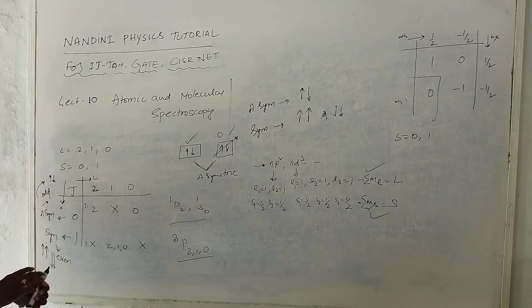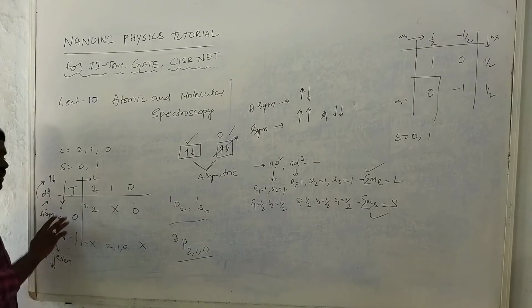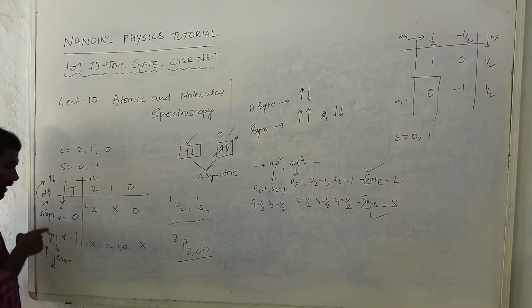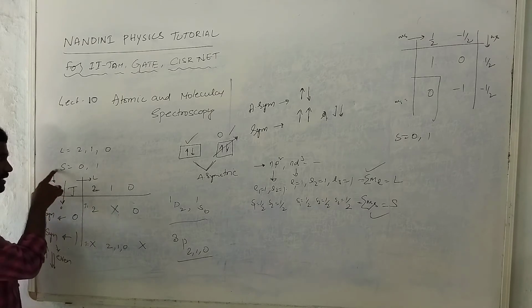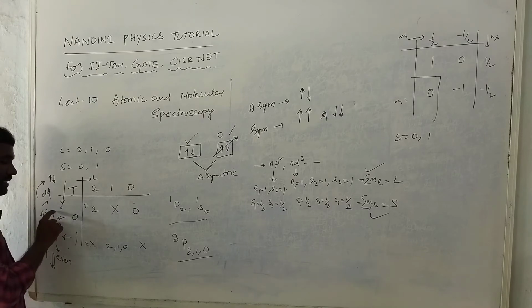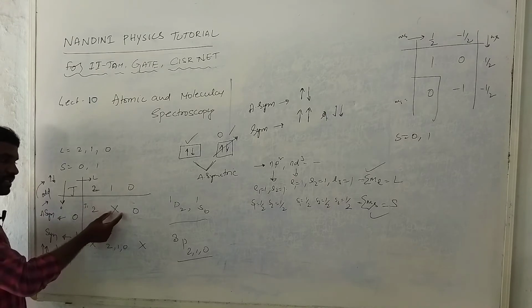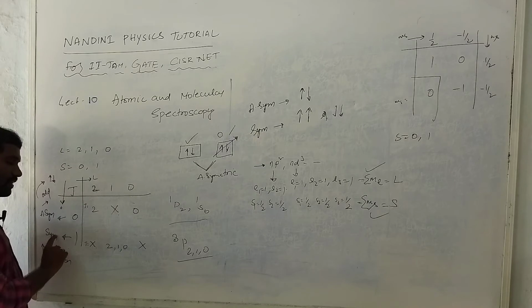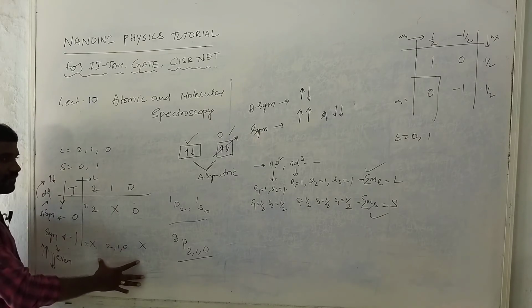But here in the equivalent condition I use one more important topic, that is the antisymmetric function and symmetric function. An antisymmetric function means it is paired, like one up spin, one down spin. In symmetric nature, either both spins are up or both spins are down. So an anti-symmetric function is not explained by a symmetric one, and a symmetric function is not explained by an anti-symmetric one.